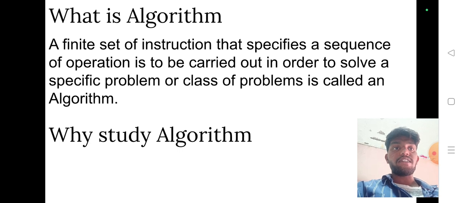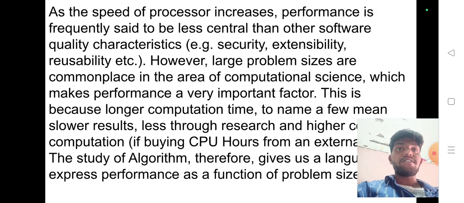Why study algorithms? As the speed of processors increases, performance is frequently said to be less central than other software quality characteristics. Example: security, extensibility, usability, etc. However, large problem sizes are commonplace in the area of computational science, which makes performance a very important factor.